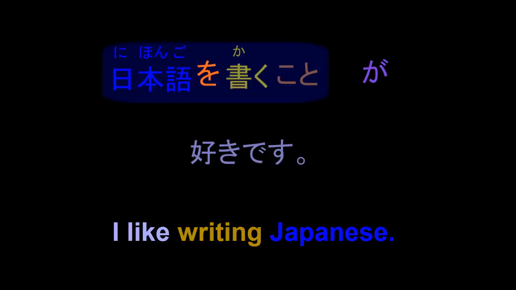Now there are lots of other sentences that you can make using this plain form verb plus koto pattern. In fact, any sentence where you can use a single noun, you can use one of these noun groups instead. So have fun making sophisticated and fabulous sentences using this pattern.